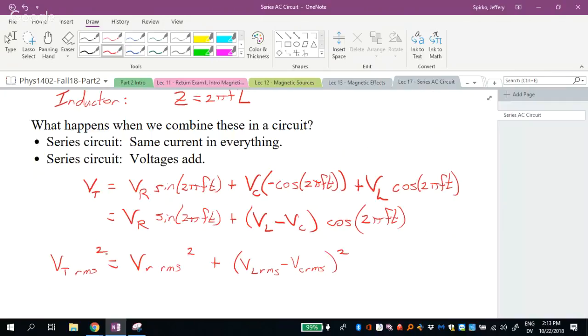That's what we've done here: we've taken the sine one and thought of it as an x component, and taken the cosine one and thought of it as a y component. And when you have a vector that's split into x and y components, you have to do the Pythagorean theorem to find the magnitude. And that's exactly what that statement is, a Pythagorean theorem for all of these voltages.